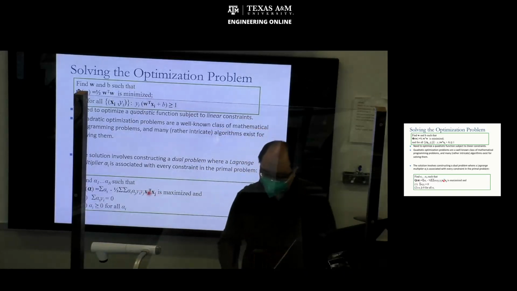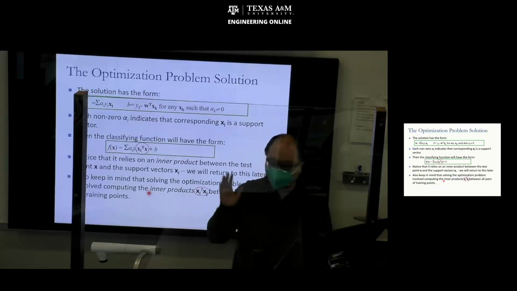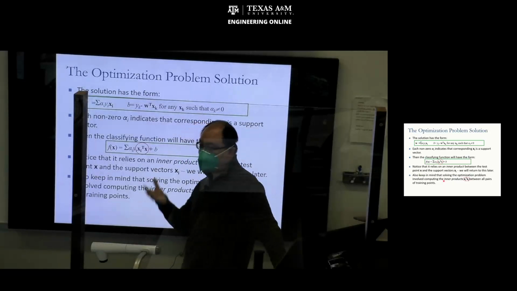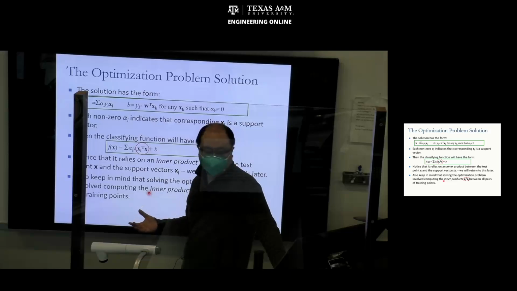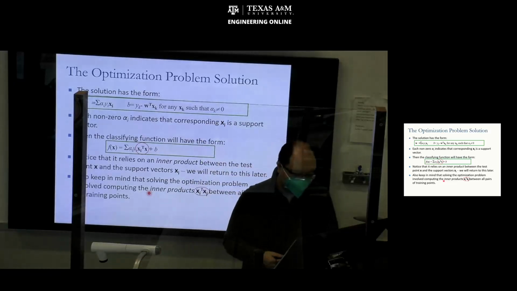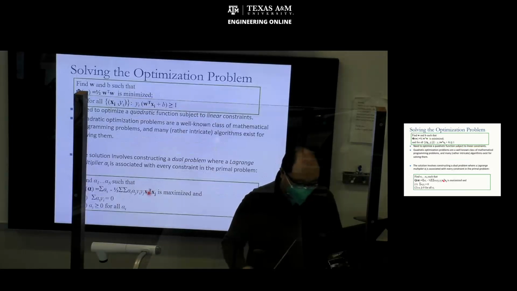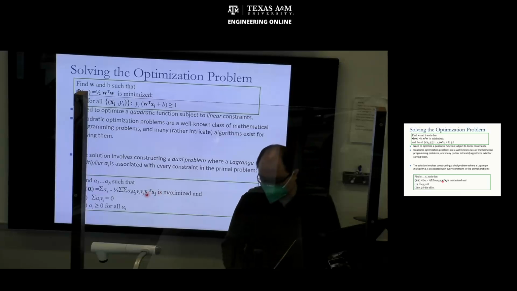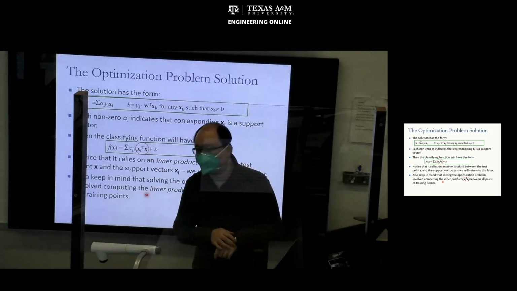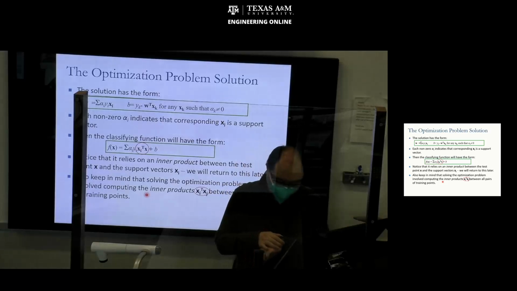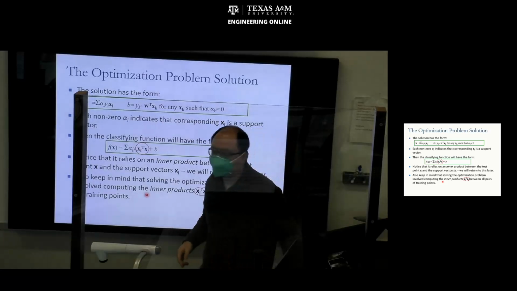So in other words, we actually don't need the exact xi or xj. We can solve this based on the kernel representation. So this is another concept I want to emphasize that we can learn from the optimization formulation, okay?